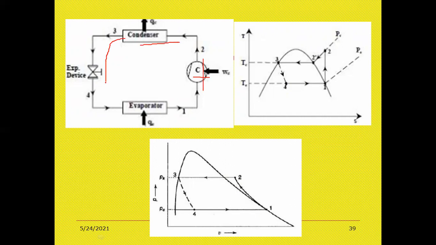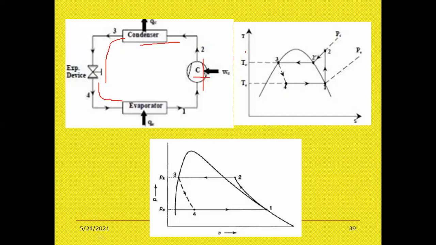Here the liquid refrigerant is converted partially into the vapor form. From the expansion device it is going to the evaporator. Here the liquid is completely converted into the vapor form, and it is evaporated in the evaporator. Here the heat is extracted, right?